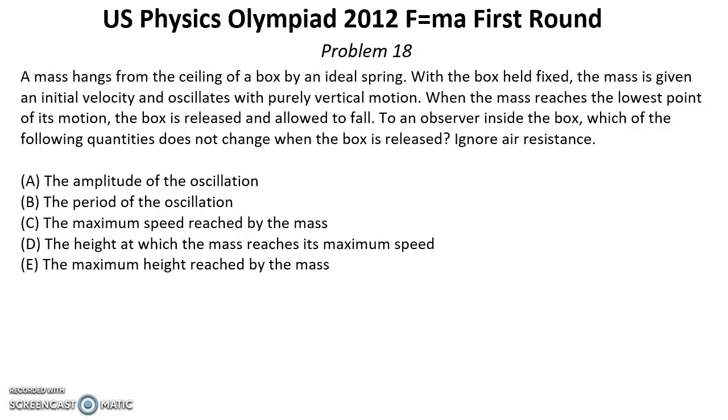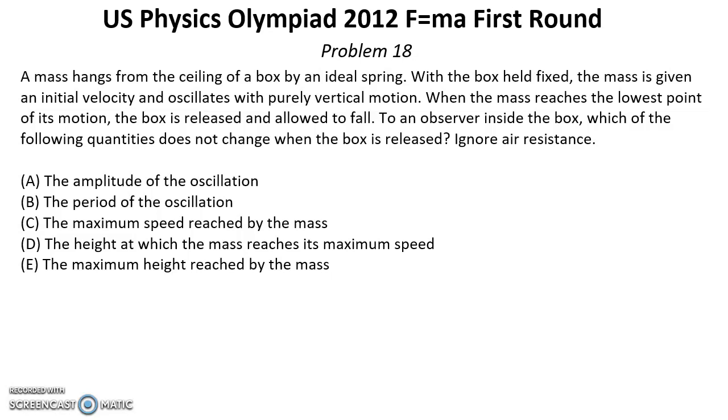Ignore air resistance. Solution. The only difference between the box in the first case and the box in the second case, when it has a free fall, is that the point of equilibrium has a different position.